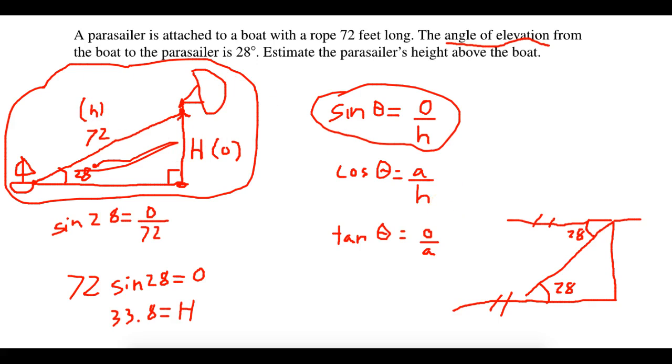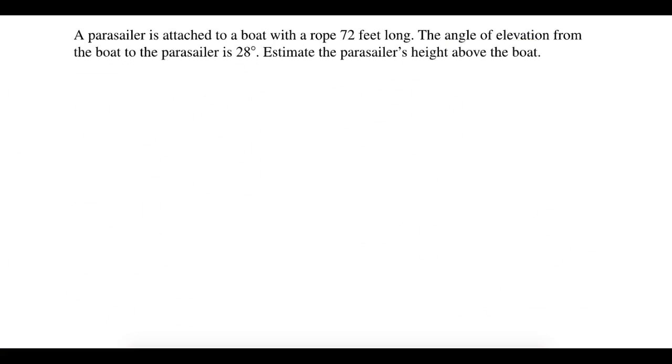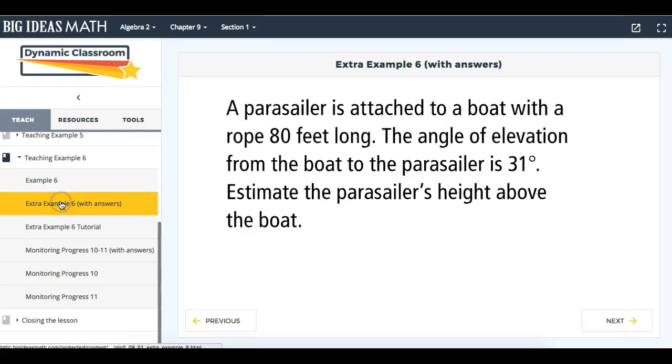Now, what I want you guys to do, you can always pause it and come back and look at this. What I want you guys to do for your sample problem, I want you to do a similar problem. A parasailer is attached to a boat with a rope 80 feet long. The angle of elevation from the boat to the parasailer is 31 degrees. Estimate the parasailer's height above the boat.